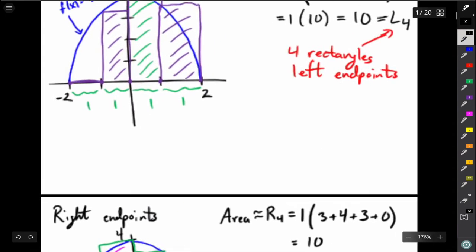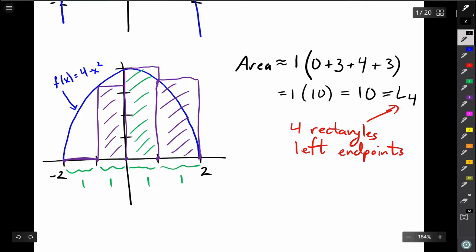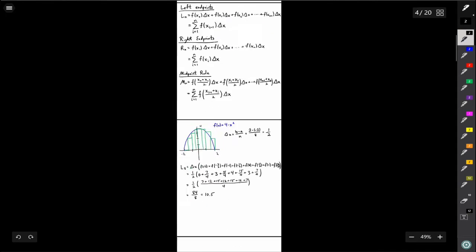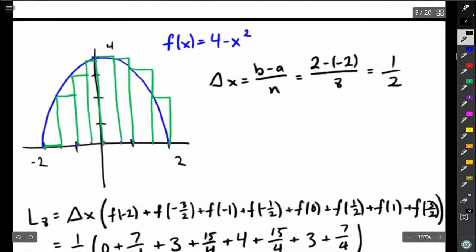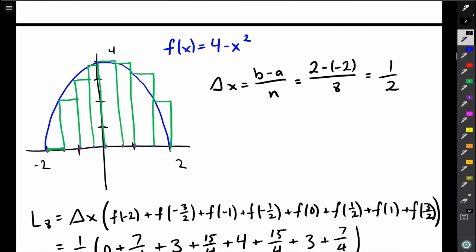that to this one, right? When we did 4 rectangles. Again, a pretty huge gap here, a decent gap there, an overestimate here, and a really big overestimate here. Now we go back to 8 rectangles, and we have a much smaller gap going on here, and a much smaller overestimate.